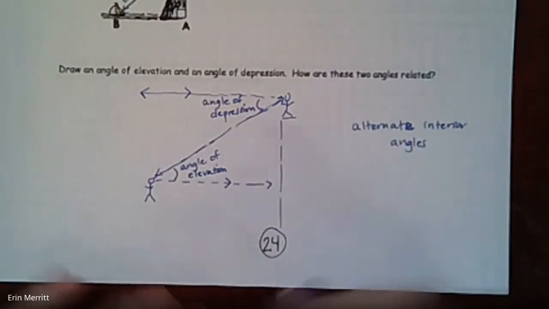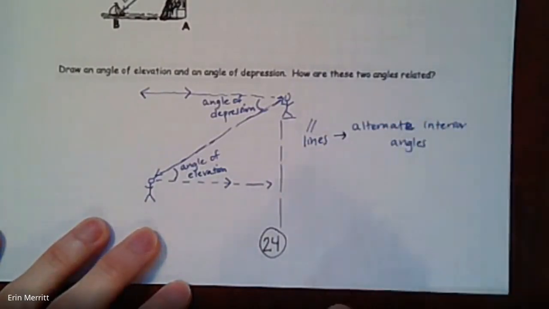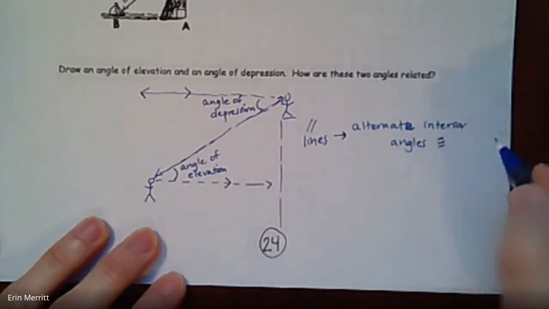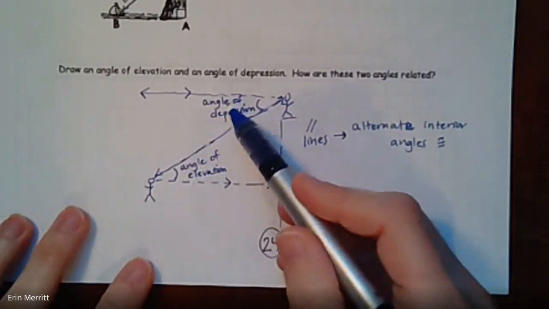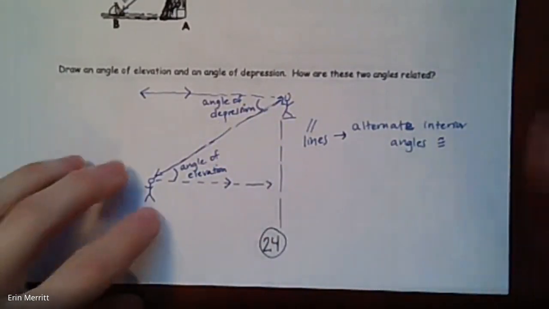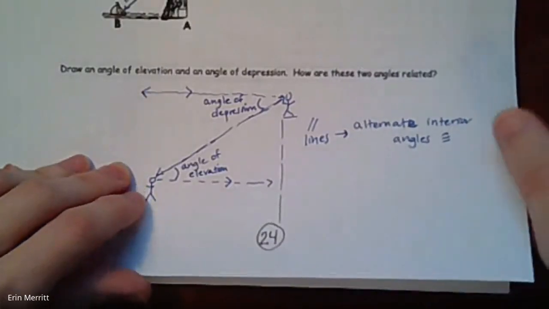And we should know that if we have parallel lines, that makes alternate interior angles congruent. So your angle of elevation and depression should be congruent to one another. You just want to make sure that we're drawing them correctly. That's what we're going to be doing on the next pages, some drawing. So flip it on over here.